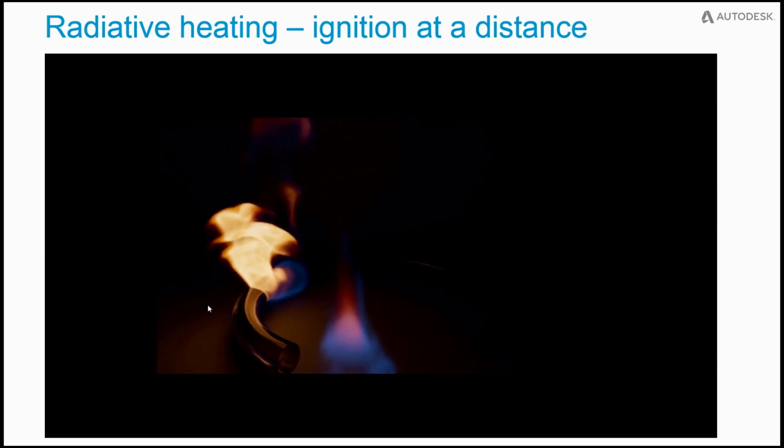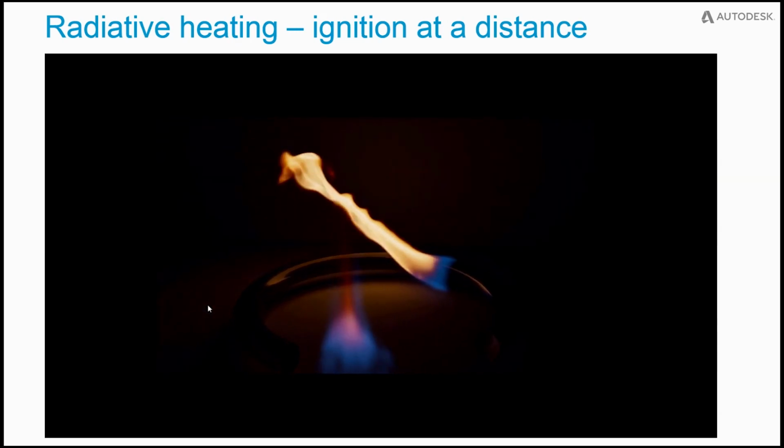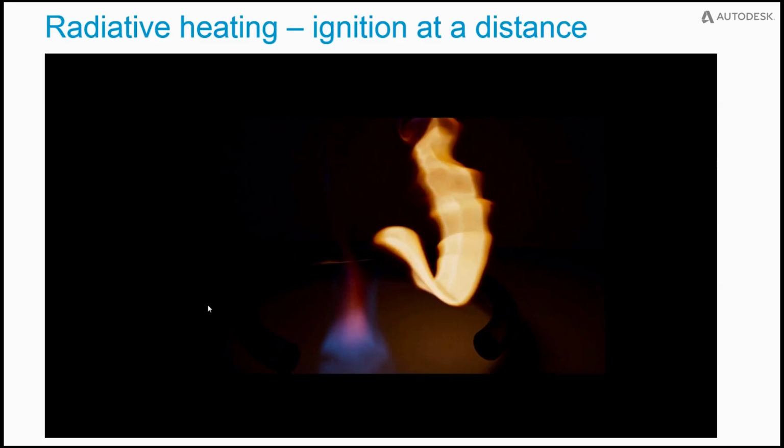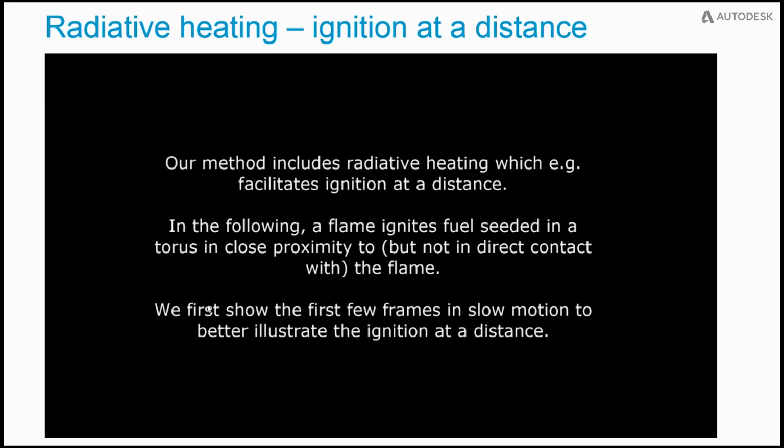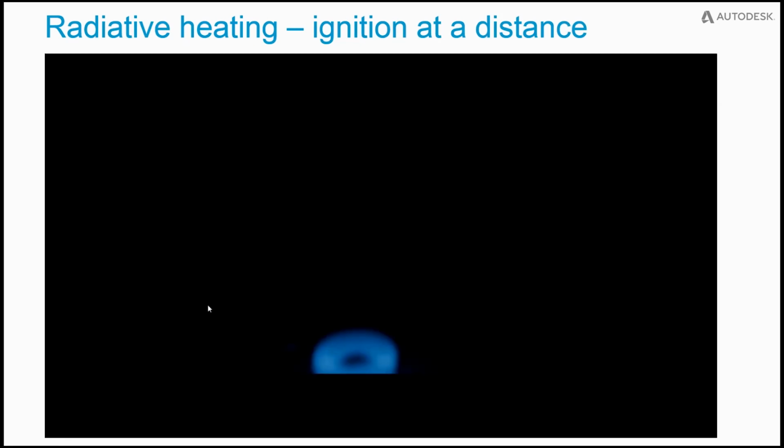So this is a combination of, again, many of the techniques I've covered in some of the past slides. We have the thin flame propagation, we have the radiative heating, soot formation, etc. So one thing I just want to briefly cover here is the blue flame you can see. So the blue flame, we model that with the reaction rate. This is where the reaction is actually taking place, and this is where you get this spectral line emission from the fuel as it's broken up into radicals.